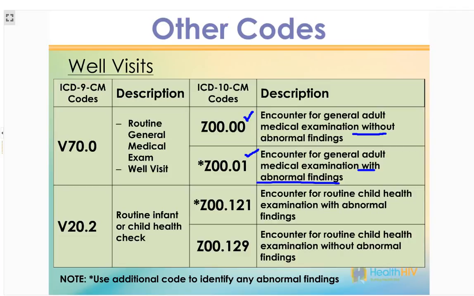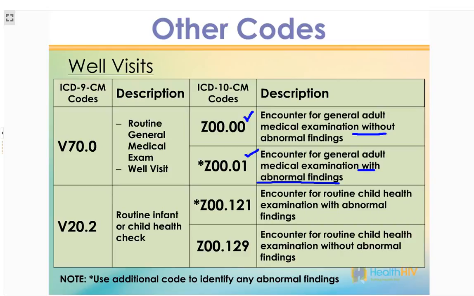The original intent of the codes when they came out, the code that denotes with abnormal findings, is typically reported when a physician examines a patient and there are lab or diagnostic tests that were ordered prior to the visit, and the physician physically has the results available and is discussing those with the patient. If there are any abnormalities, you would report Z00.01.